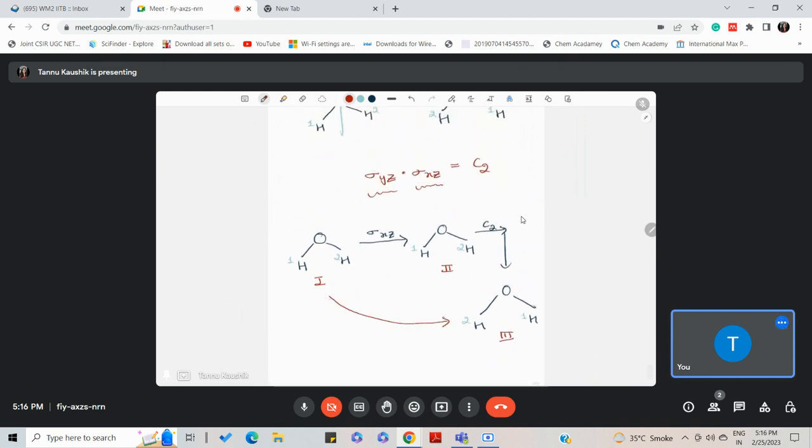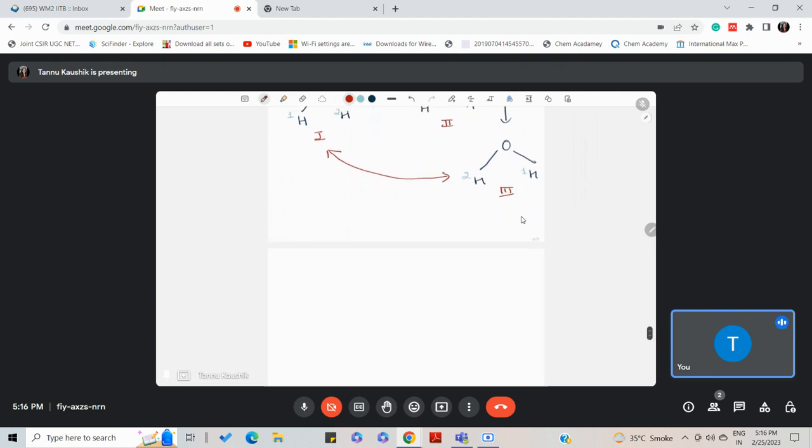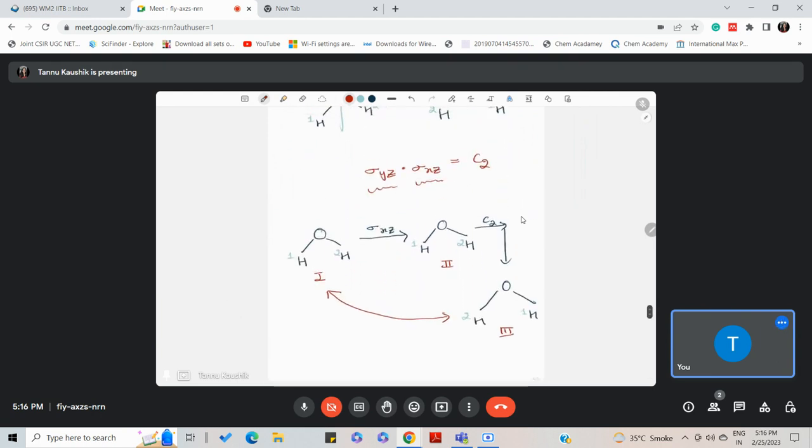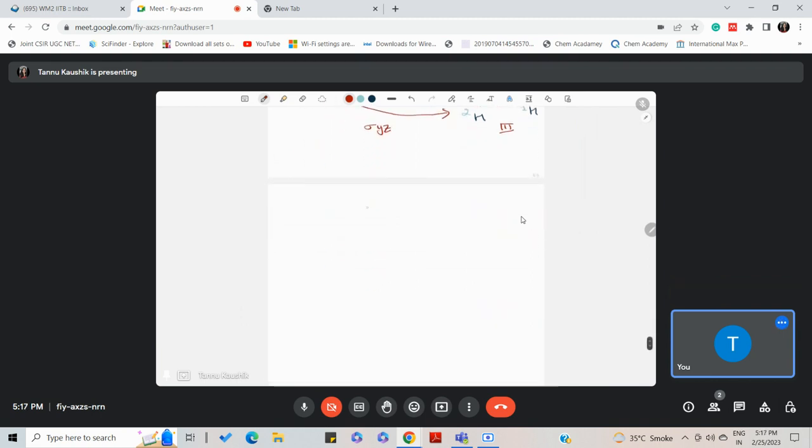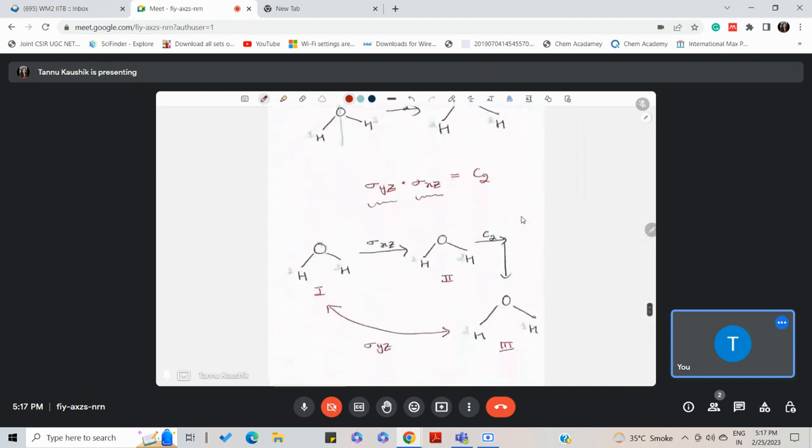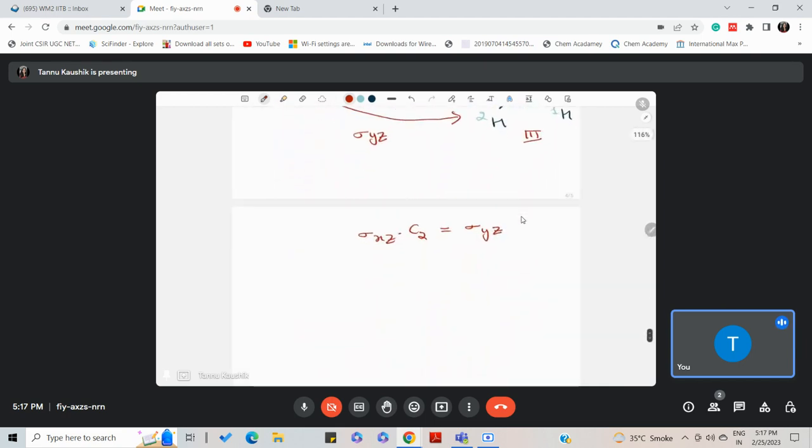If we have to go directly from first to third, what is one symmetry operation that can give us the same configuration, that is this third configuration from first? That will be definitely sigma yz. So we can say now that sigma xz into C2 is equal to sigma yz. So the product of two operations C2 and sigma xz gave us sigma yz, which is also a part of the group.